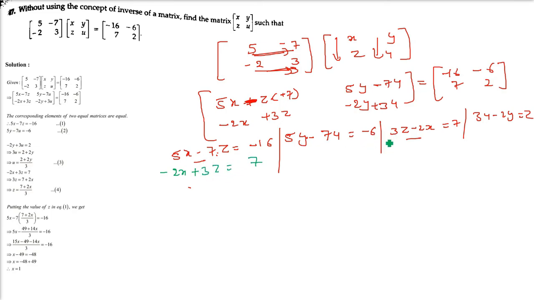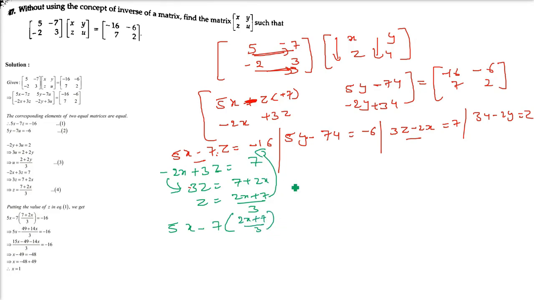Or, from the second equation, I am trying to find z. So 3z equals 7 plus 2x, and z equals (2x plus 7) by 3. Put it here: 5 into x minus 7 into (2x plus 7) by 3 is equal to minus 16.